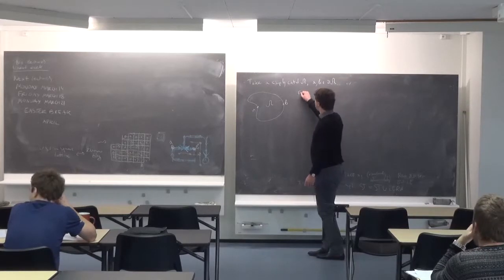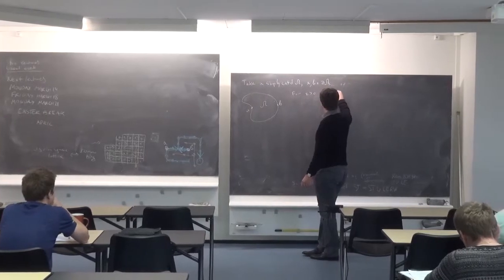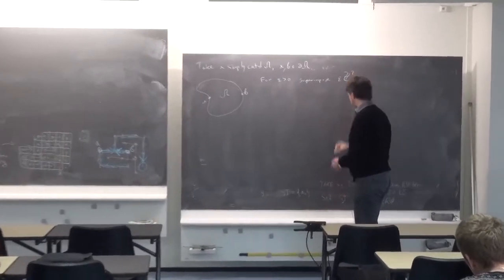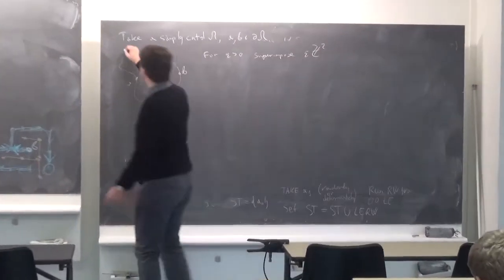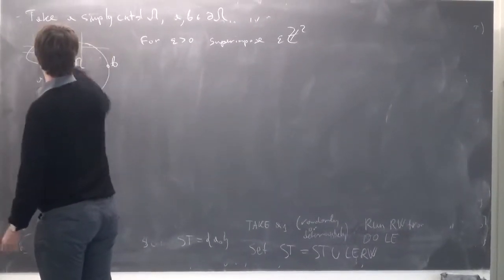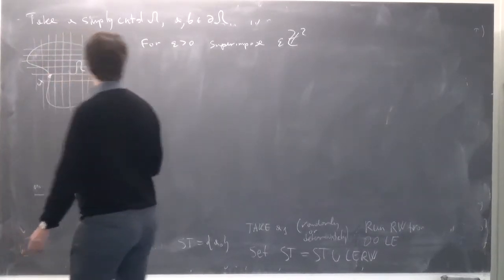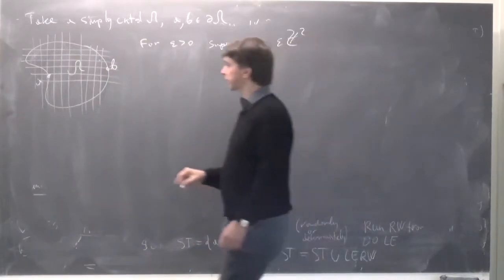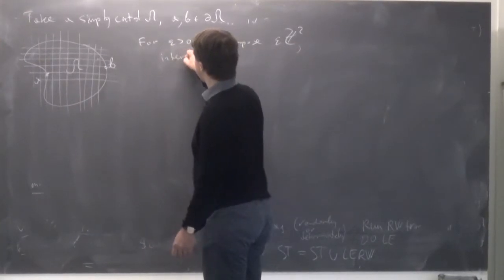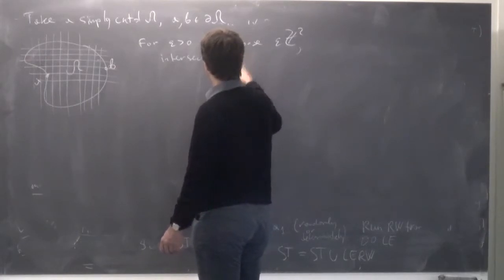Then for epsilon positive, superimpose the square lattice multiplied by epsilon. And take its intersection with the domain omega.